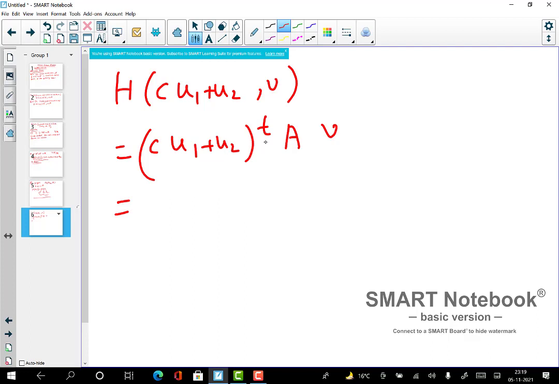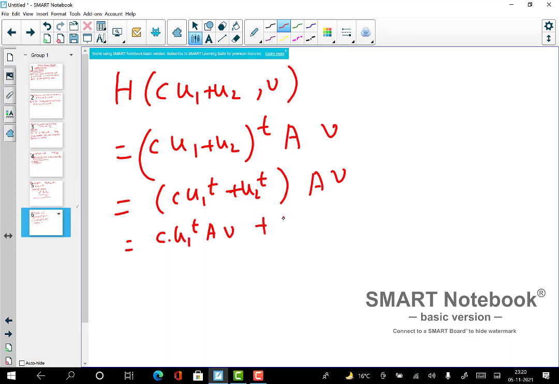First take the transpose. What is the property of transpose of this matrix? It will be c times u1 transpose plus u2 transpose, and A v, and then this is addition of matrices, and this is multiplication, right? So addition and multiplication distribute over each other. So you can write down c times u1 transpose A v plus u2 transpose A v.